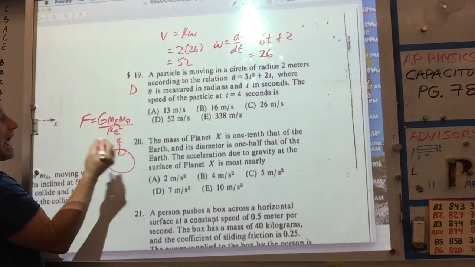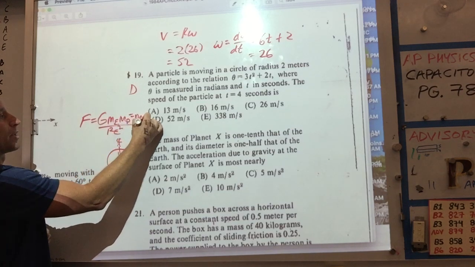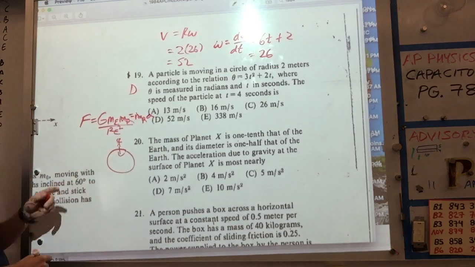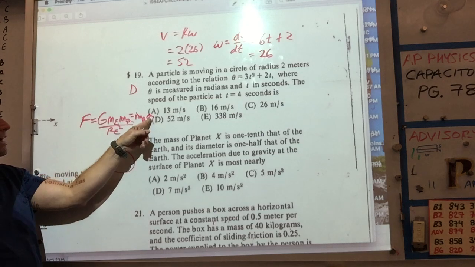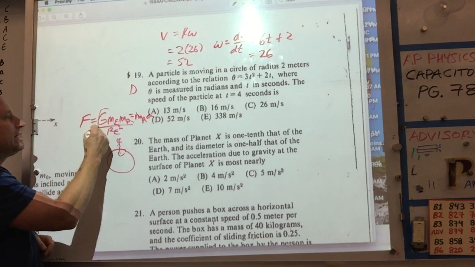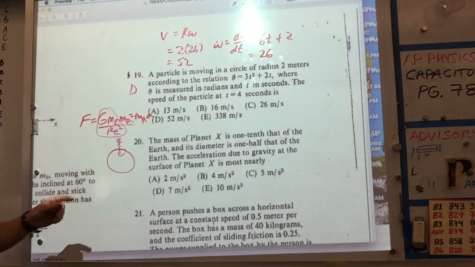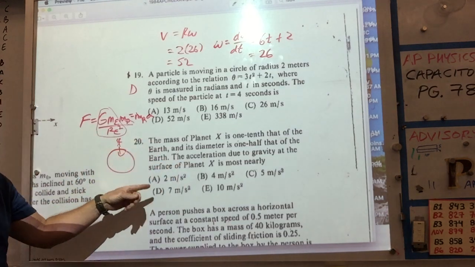But that's equal to ma, the mass of the person times a. So the mass of the person will cancel. So acceleration in general is going to be G M_e over R_e squared.